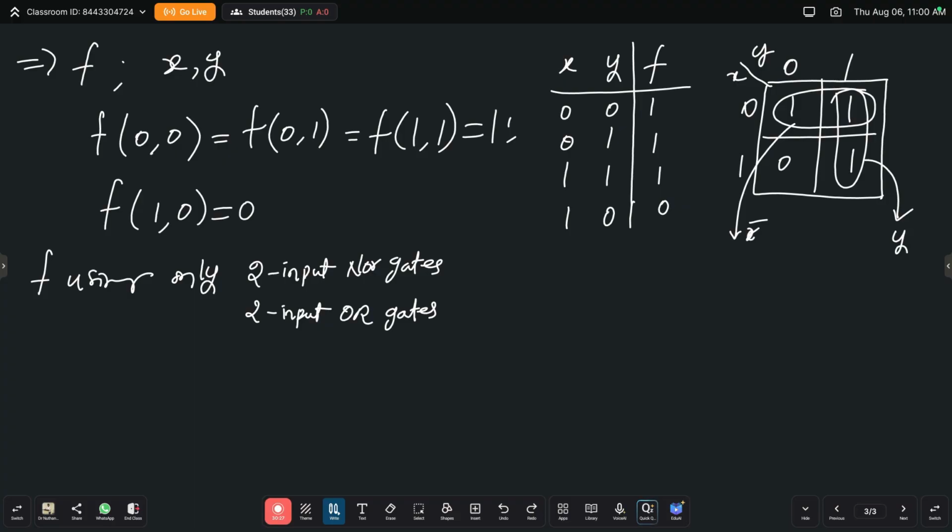Y only left side, changing not required. Then what is the equation? X bar plus Y, yes or no? This is a Boolean expression, so how to design a logic circuit? You take X, Y.